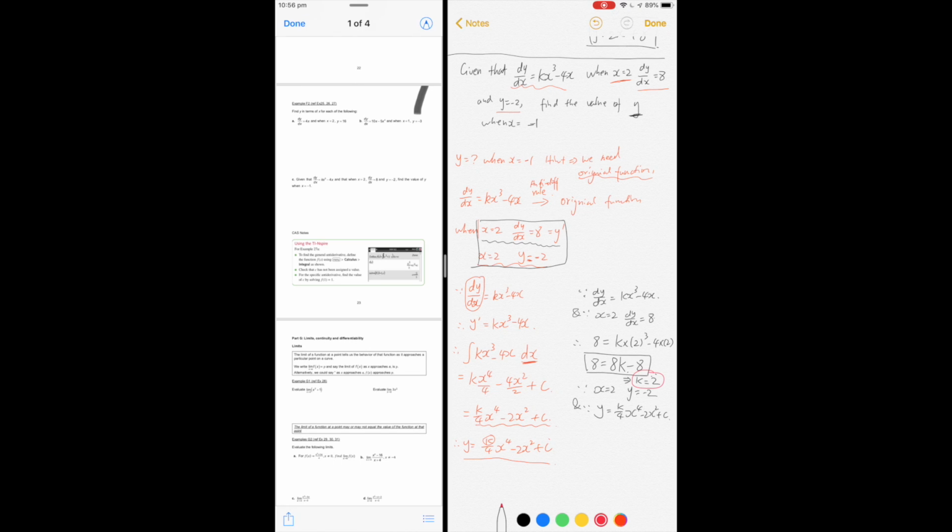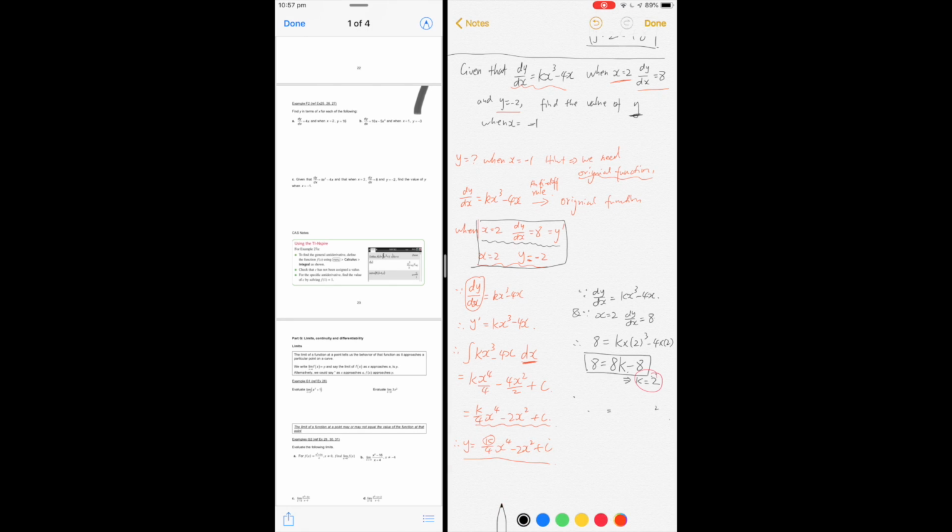Okay, now let me get rid of this first. Now I find k equal to 2, so I can put it back into my original function.